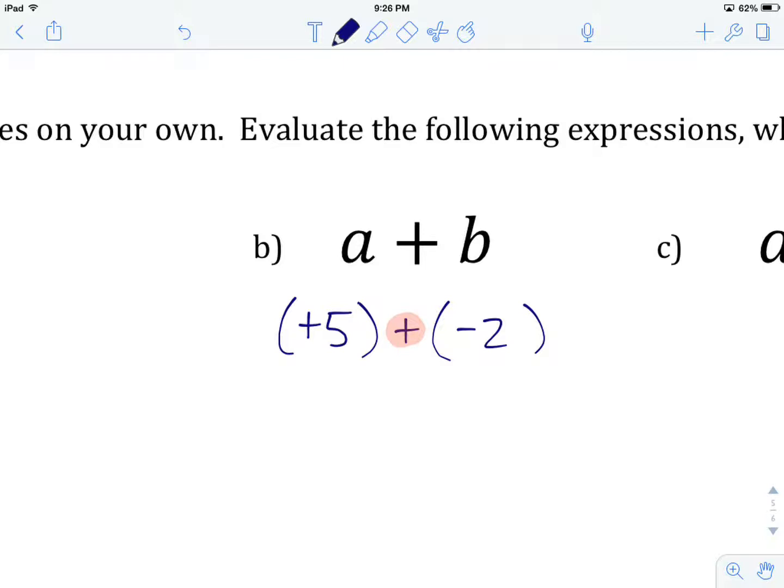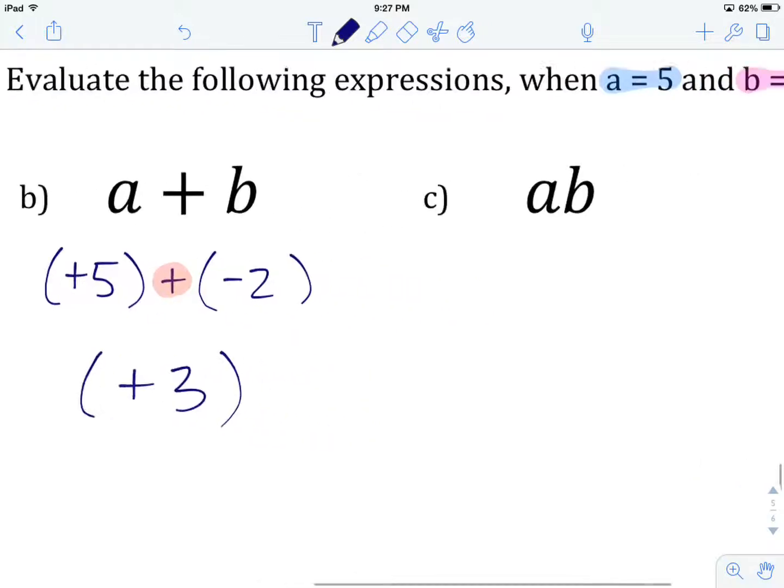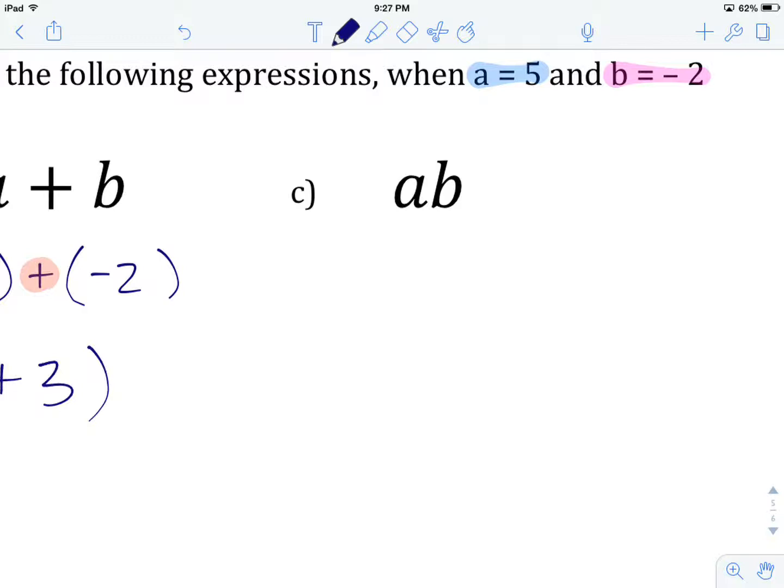So these two integers have different signs. The larger of the two integers is 5, so our answer is going to be positive, and the difference between 5 and 2 is 3. So positive 3 will be our answer to B. I'd like you to hit pause and try C here on your own. Last one in the lesson. Give it a try. When you got an answer, come on back and we'll see how you did.